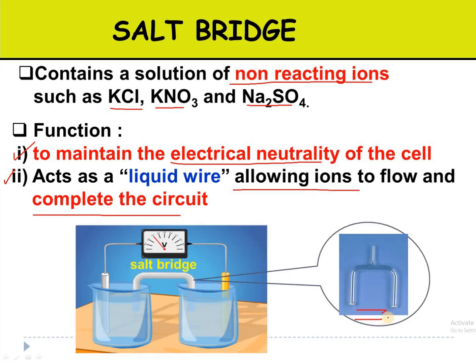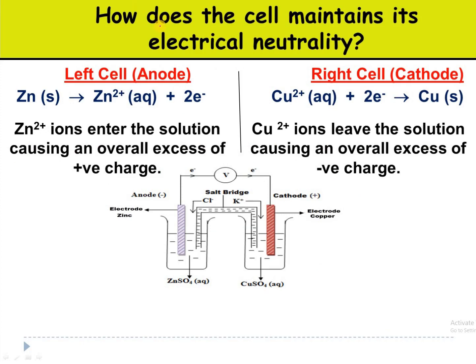This is a diagram of the salt bridge and its position, connected between two containers. How does the cell maintain its electrical neutrality? These are the two reactions, first at the anode and second at the cathode. At the anode, students can see the half reaction for zinc.